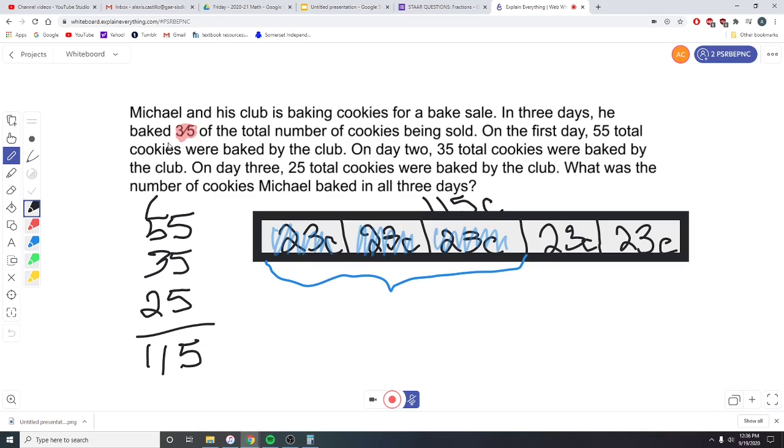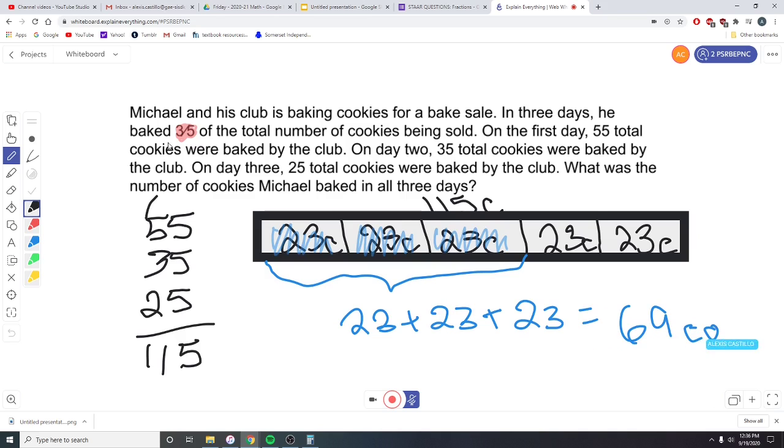So that would be 23 plus 23 plus 23. That gives me a total of 69 cookies total. That implies that Michael had created 69 cookies.